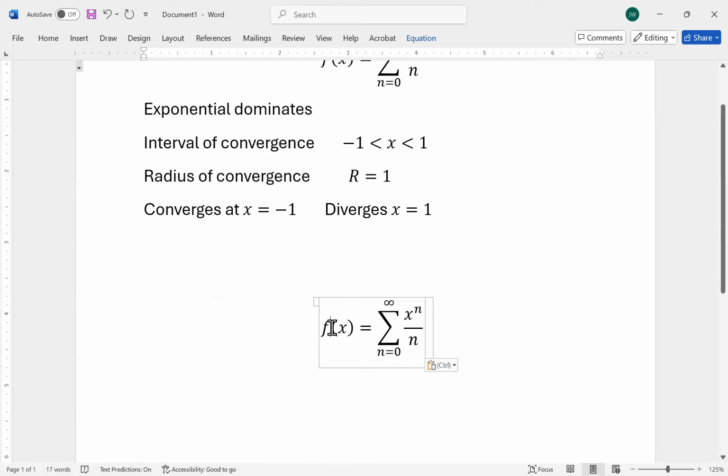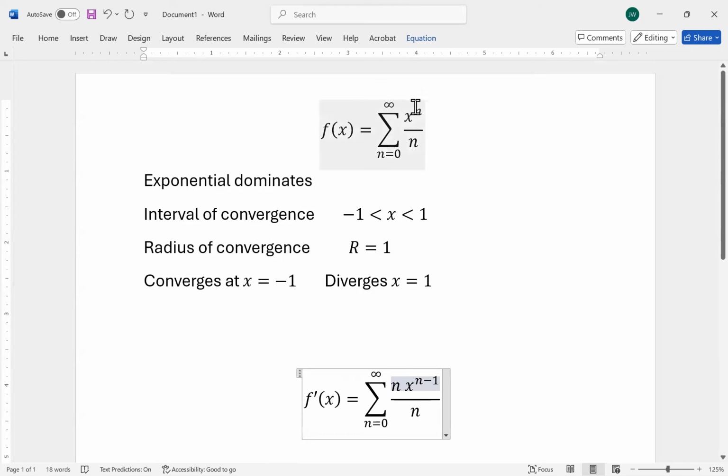Now let's take the derivative. If I take the derivative, I'm going to multiply by n out front of the x. So doing standard derivative techniques, the exponent comes down, n gets multiplied times x to the n minus 1, and then we're dividing by n here.